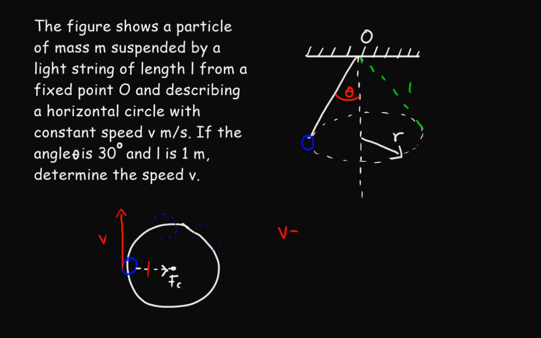So v is the tangential velocity, and the force which is causing the particle to maintain its circular path is known as the centripetal force. We know that force equals mass times acceleration, but in this case we are dealing with centripetal force.